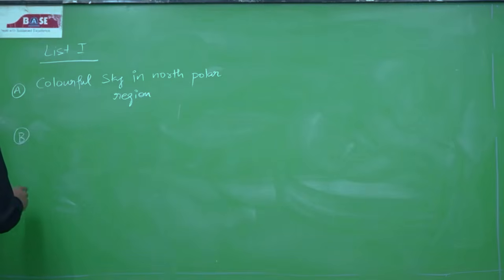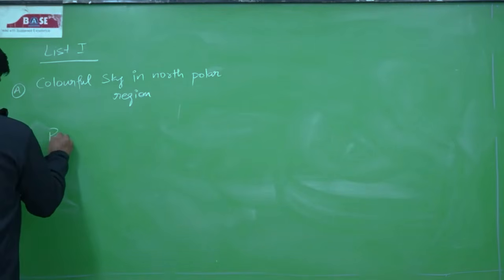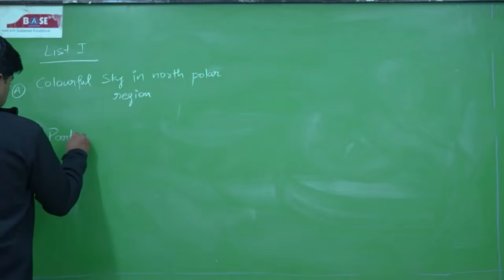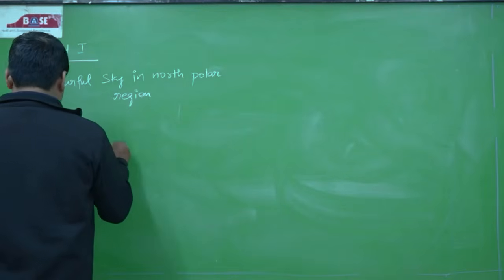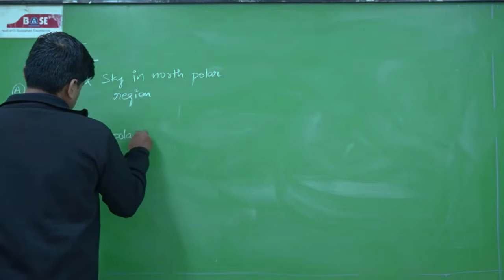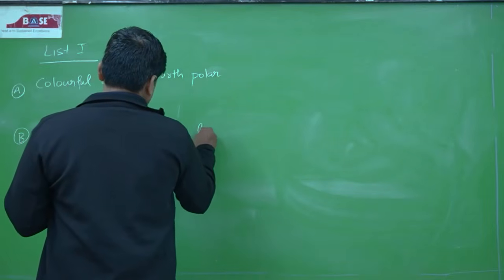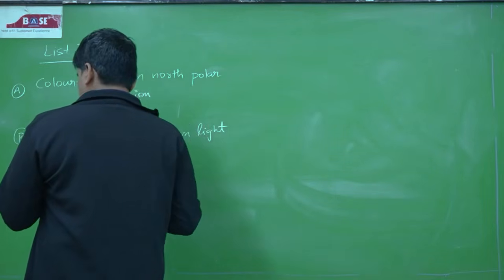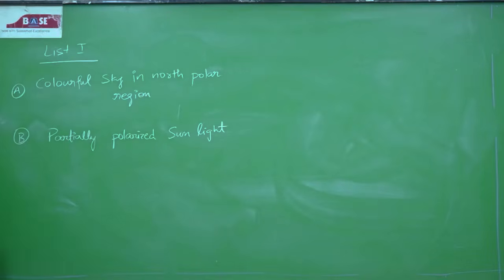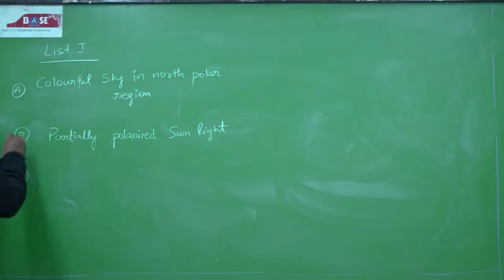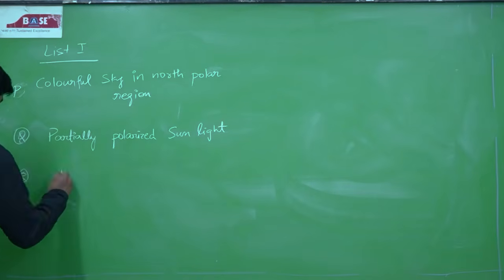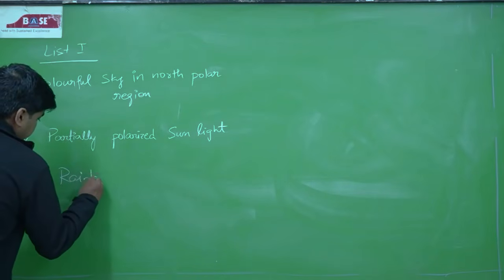Option B says partially polarized sunlight. Options, okay, it's P, Q, R, right? P, Q, R. Option R says rainbow.